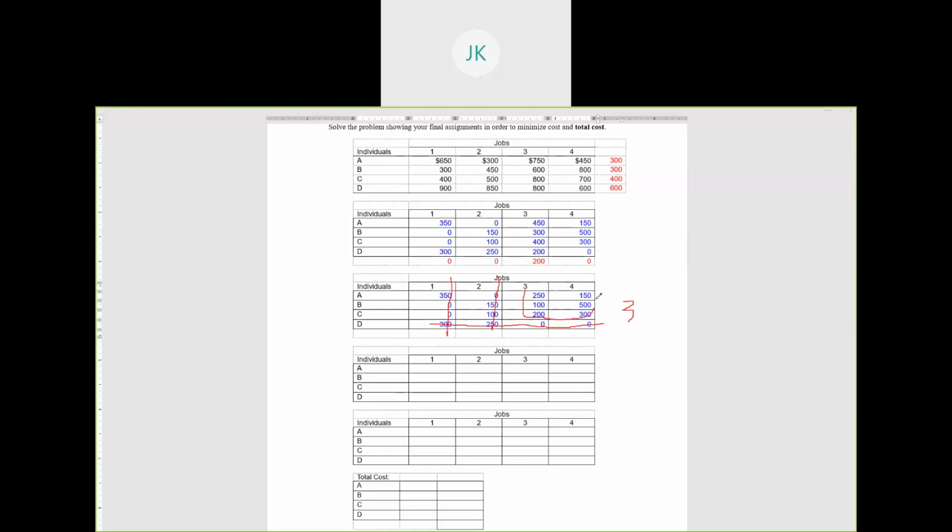Subtract the smallest among numbers not covered by a line. So 100 is smallest. This column is covered by a line, so no change, just copy. This column is also covered by a line, so don't change.